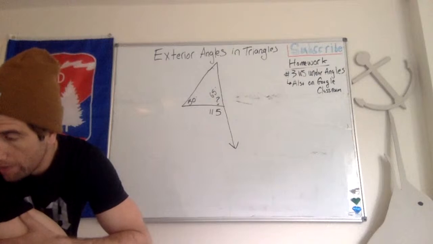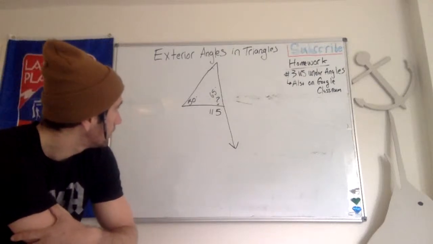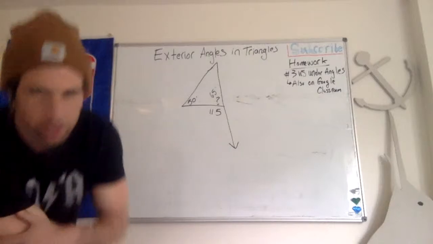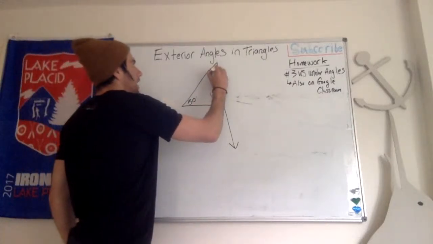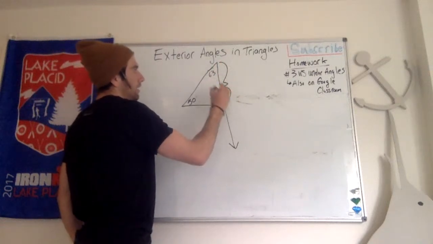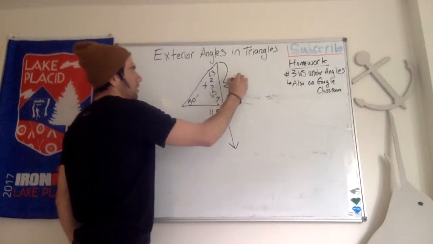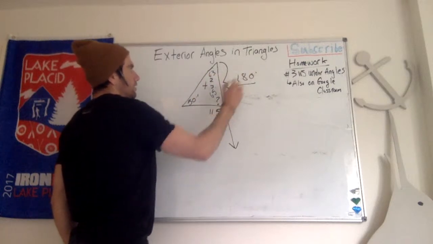And then we got what? Good job. 65. Because, how do you know it's 65? Because the sum of angle 1, 2, and 3 total to give me 180. Because it's a triangle. Okay?